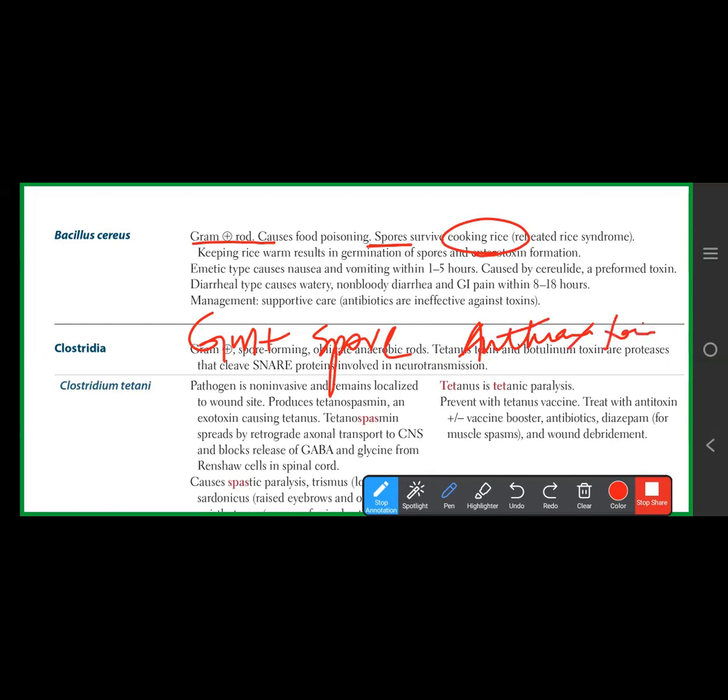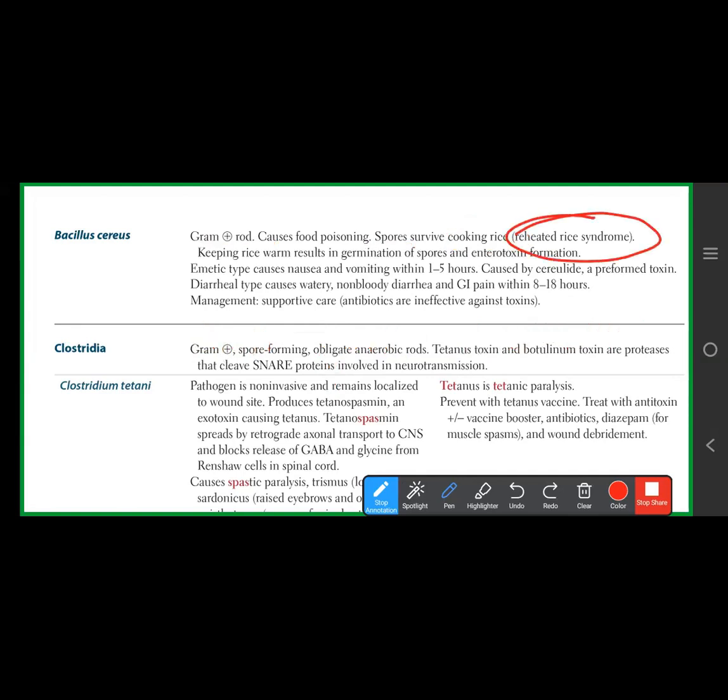Now what is the differentiation for Bacillus cereus? The whole presentation is food poisoning. It's called reheated rice syndrome. That is your food poisoning case scenario. They will give you a case scenario that the patient is eating leftover rice.